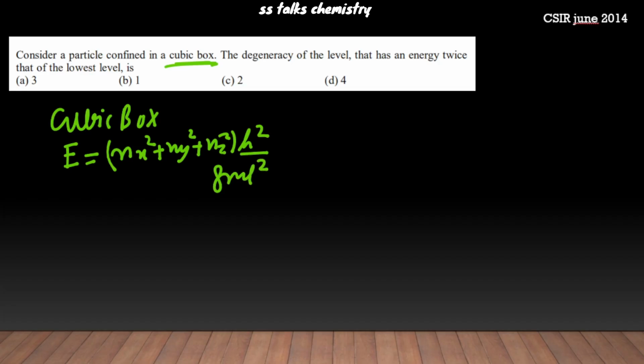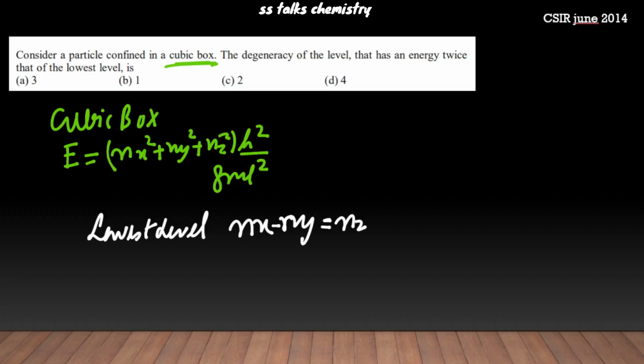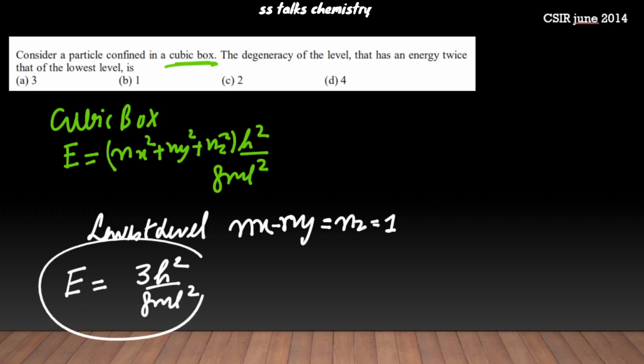For the lowest level, nx, ny and nz are all equal to 1. So the energy value is 1 square plus 1 square plus 1 square, which is 3h square upon 8 m l square. This is the energy of the lowest level.